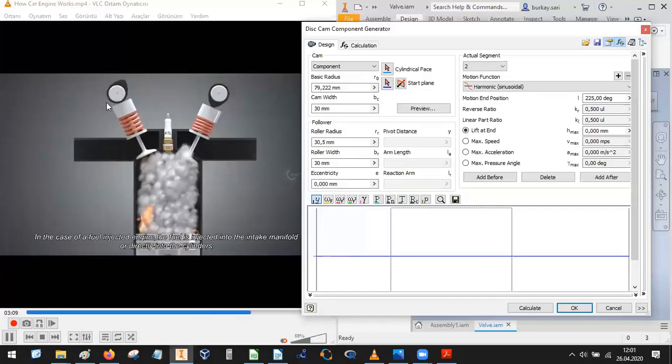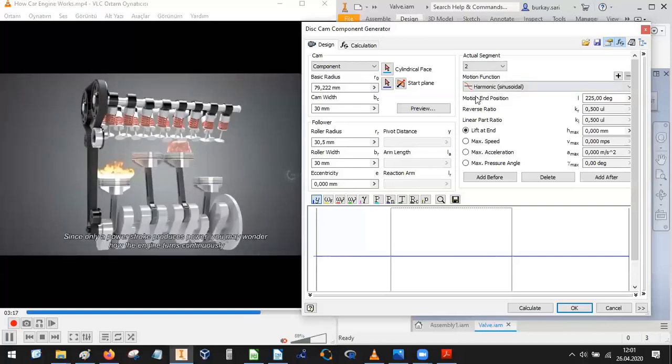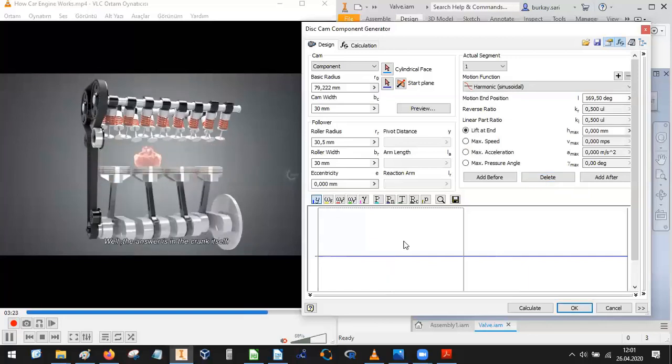And these valves have only 2 types: open and close. For this, I need 2 segments, and I can adjust those segments by adding these movements.